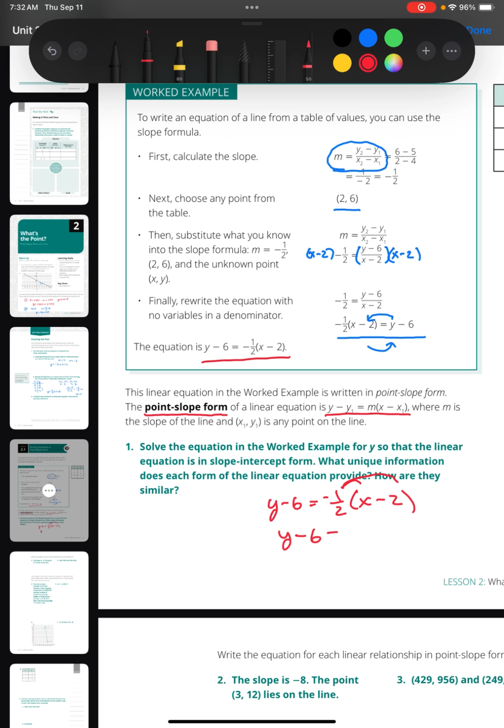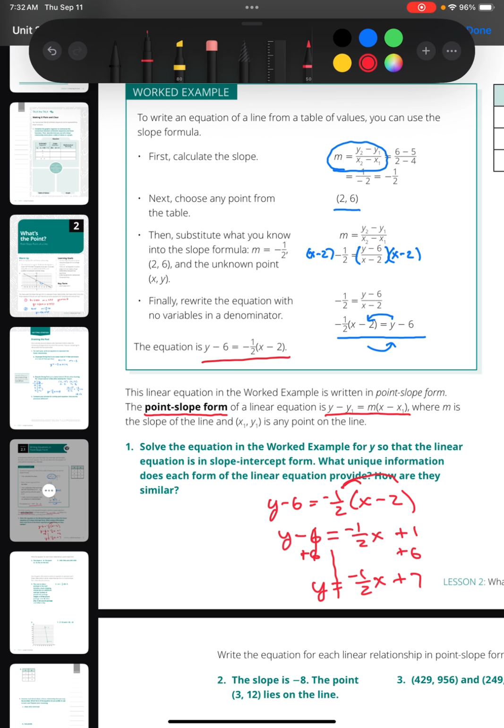Y minus 6 equals, so that gives us negative 1/2 x, and negative 1/2 times negative 2 is positive 1. And then just trying to isolate the y, get the y by itself. So we're going to add 6. So we get y equals negative 1/2 x plus 7.